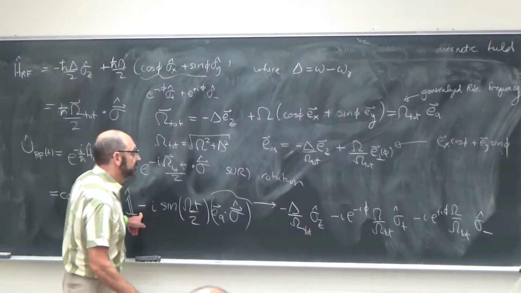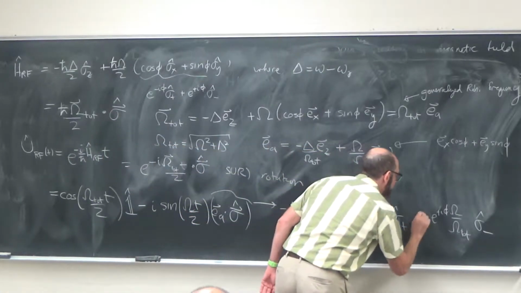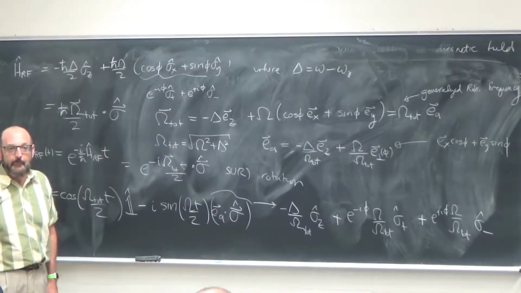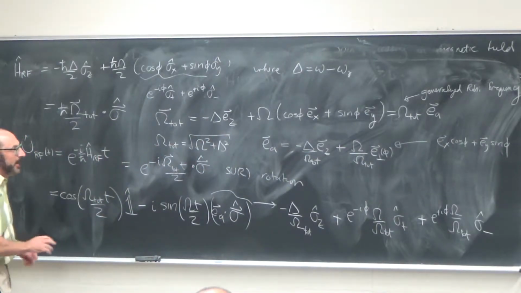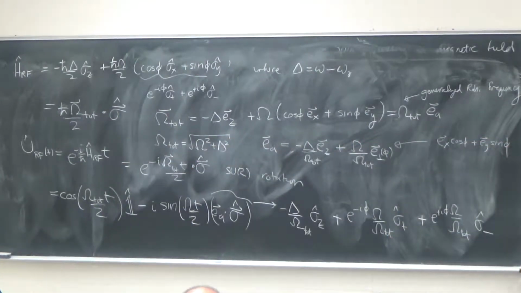Oh no, forget about this i. That is out front. That's this minus i. Okay? So, with that said, we now can look at the dynamics of the spin in this magnetic field.